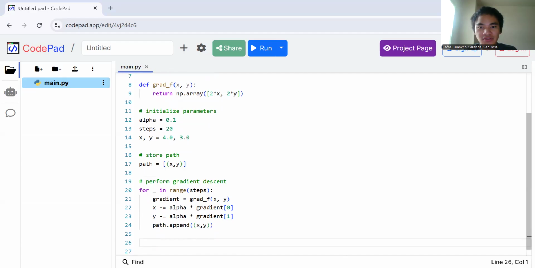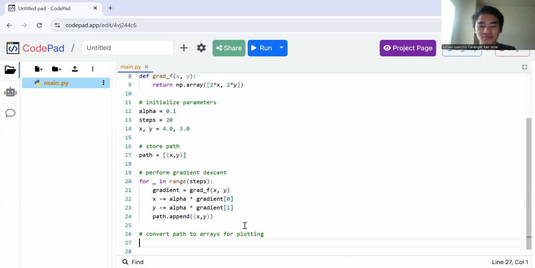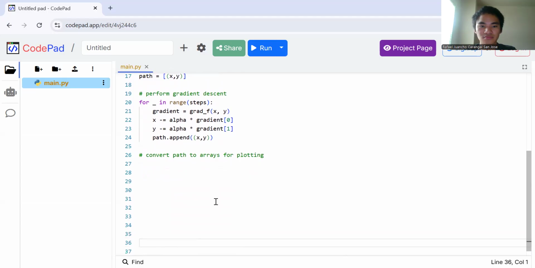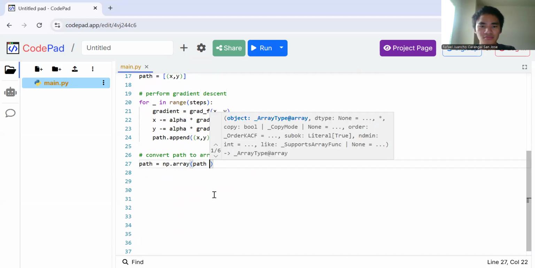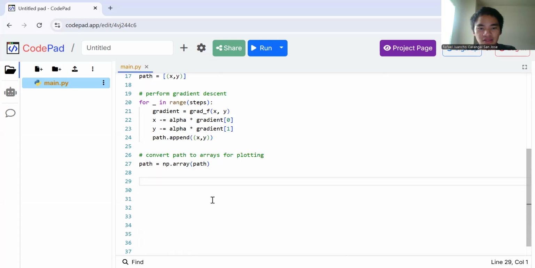And then you want to convert it to arrays for plotting. So that's just me for plotting purposes. So this is path. We're gonna convert it into an array. Okay. And then from there, what do we want to do?